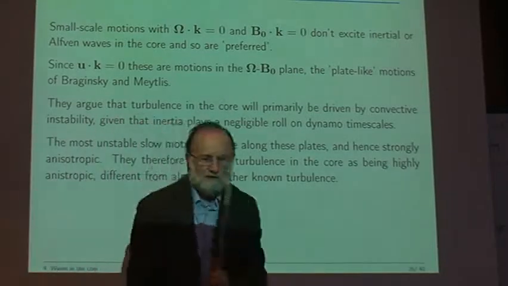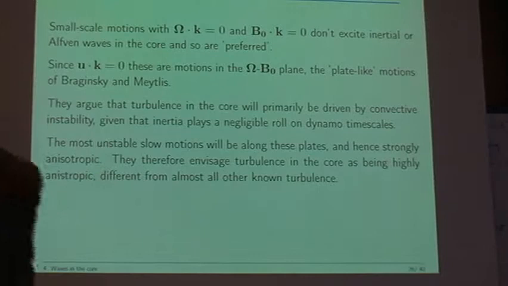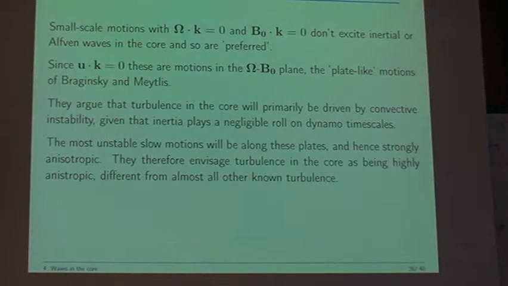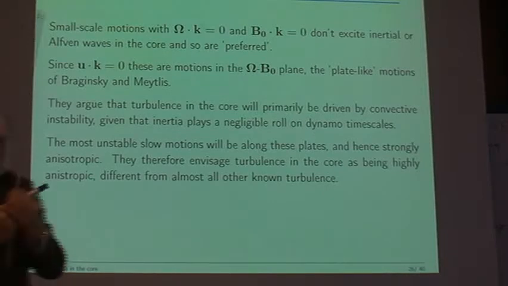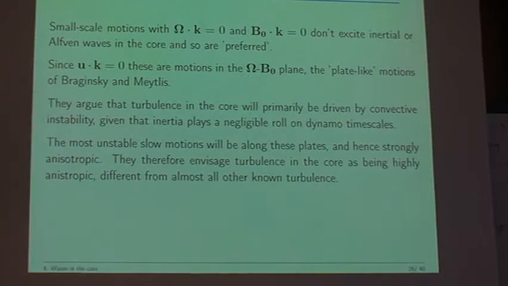So wherever omega is, wherever B naught is, if it's some direction at some angle to omega like that, those two vectors define a plane, and Braginsky's idea is that the motions would be primarily in those directions. He called them plate-like because those two vectors determine a plate, and those are the preferred directions in which turbulent flows are likely to move.